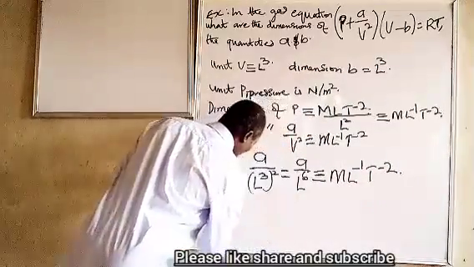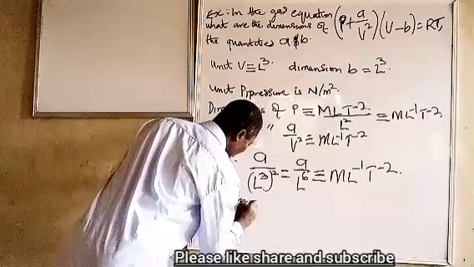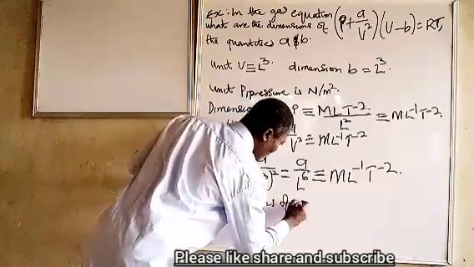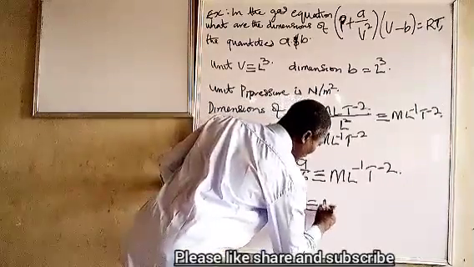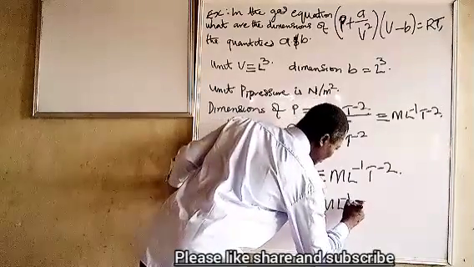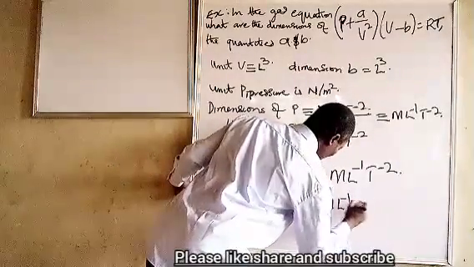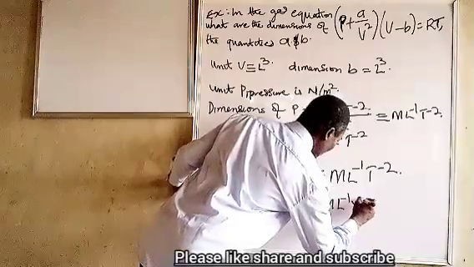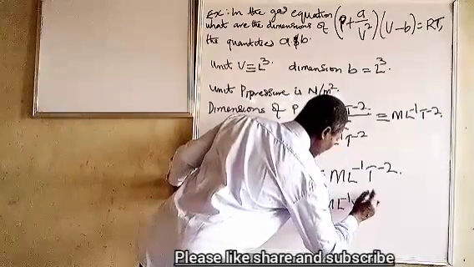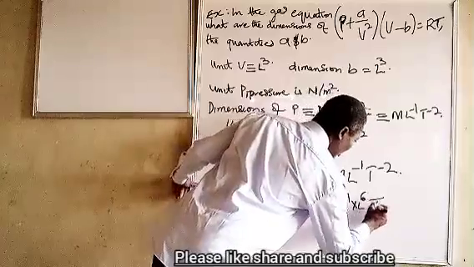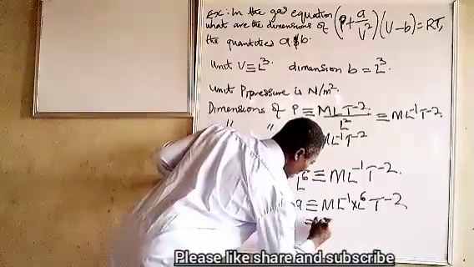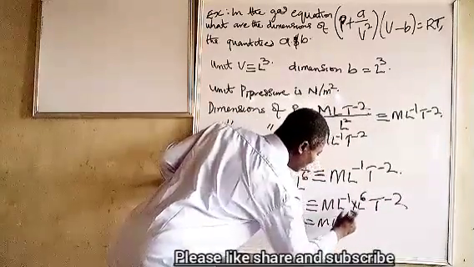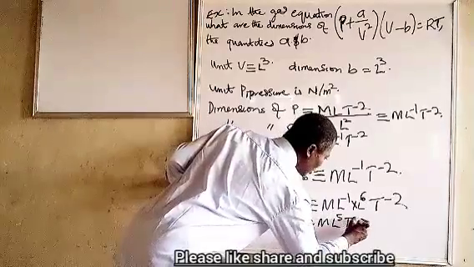So dimension of A is M L minus 1, times L to the power 6, yes, because this one multiplies this, T raised to power minus 2. That is M L raised to power 5 T raised to power minus 2.